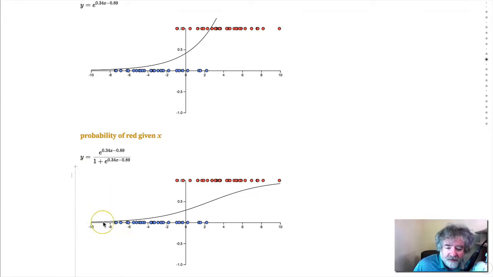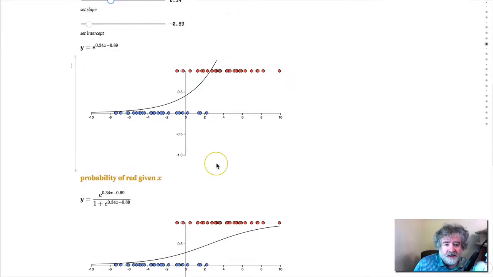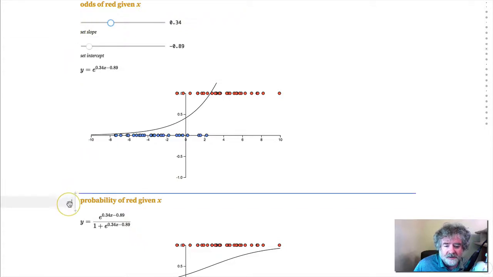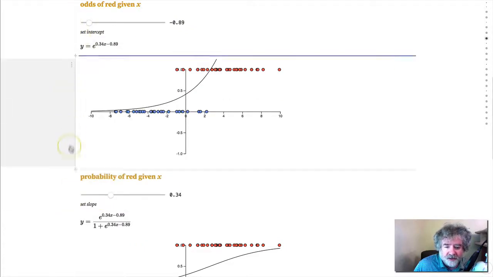So we have a plot here that represents the probability that someone is in the red category given that they get a particular score. And we can bring the sliders down again to see how things work.